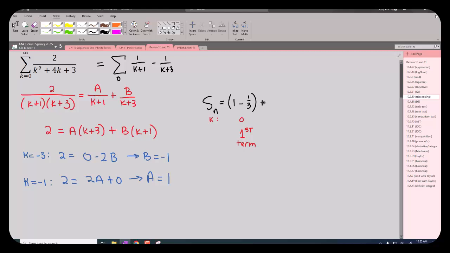Now we go to the second term, plugging in k equals 1, and we get a half minus a fourth. So this is a k value of 1, that is the second term.